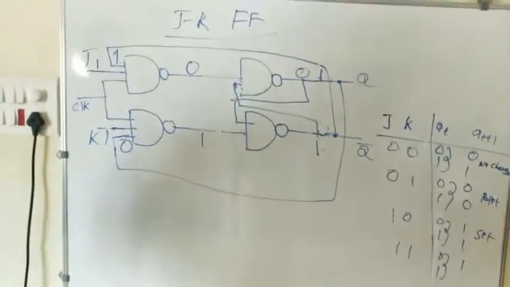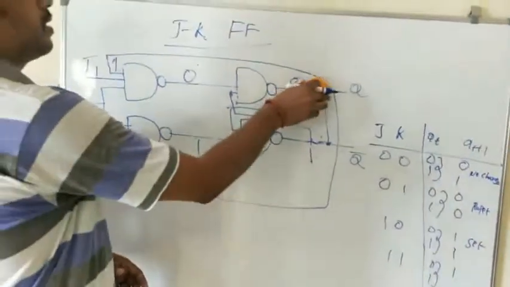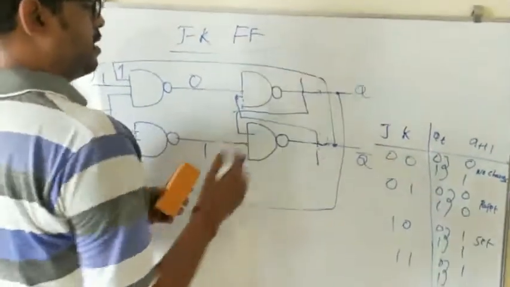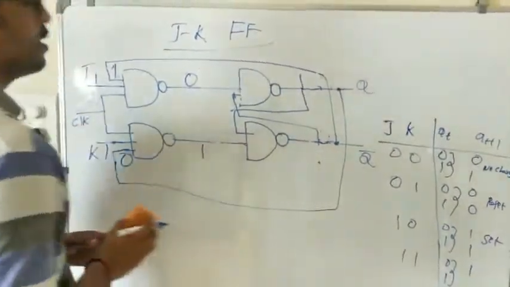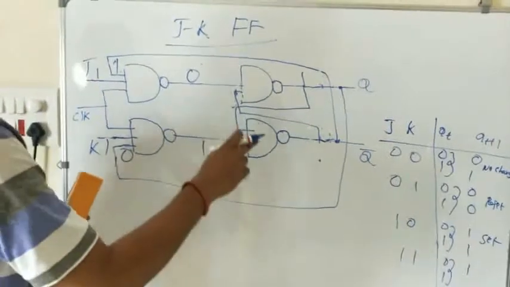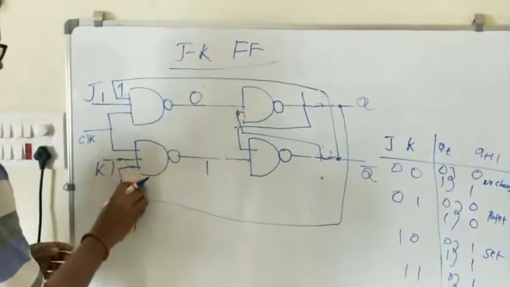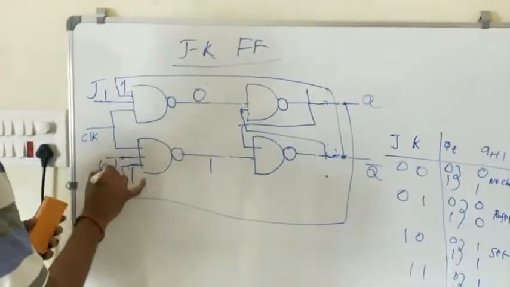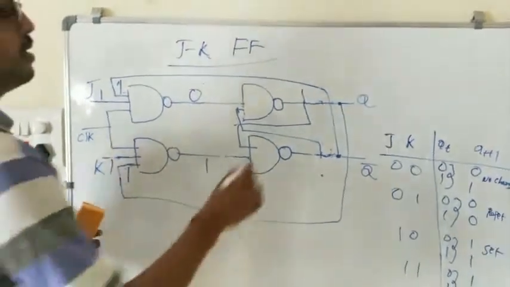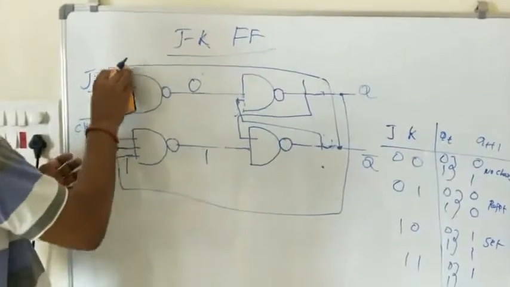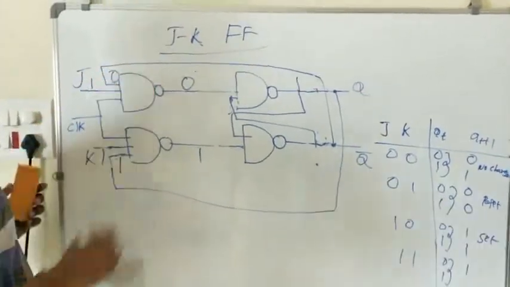Now we assume the present state as 1 and we'll see what is happening. Q is 1 means this input will be 1 along with K. Q is 1 means Q dash becomes 0, so this input becomes 0.